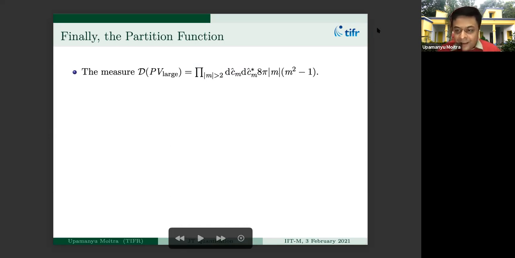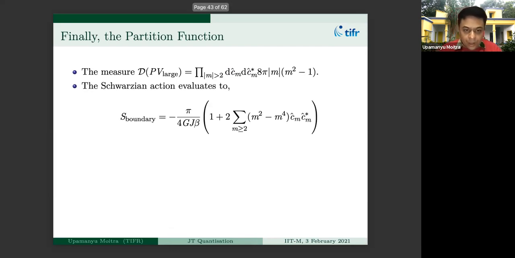And here Oyonda is precisely what you had anticipated, that we don't get the sum over modes where m is 0 and plus minus 1, which actually corresponds to the SL2R action. And also the Schwarzian action evaluates to this, and this J beta is what had appeared in the boundary condition for the fall off of the dilaton, and so on. And we get something nice in terms of cm and cm star.